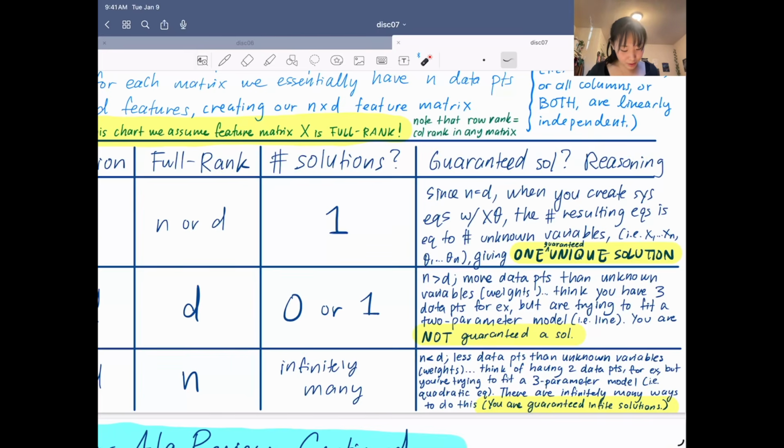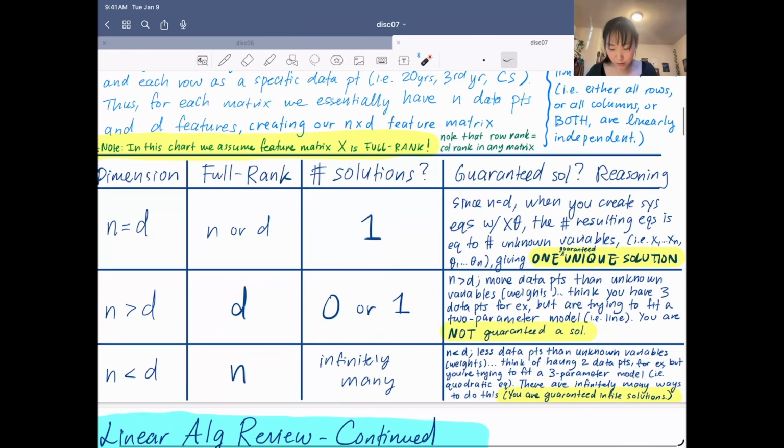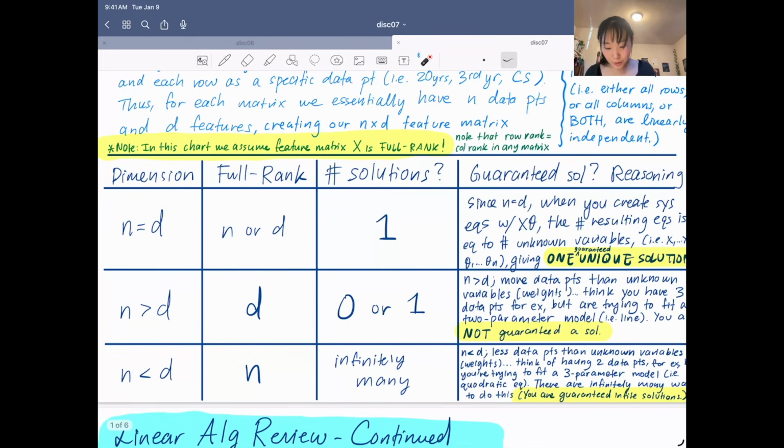And so you're guaranteed infinitely many solutions when your matrix is full rank. Remember, in this chart, we assume our feature matrix X is full rank, which means your rank is n, so you have n linearly independent rows and n linearly independent columns, and n is less than d. So when this case happens, we have infinitely many solutions.